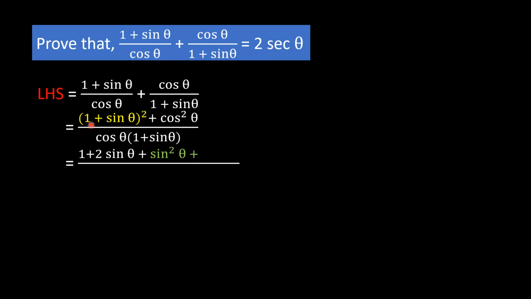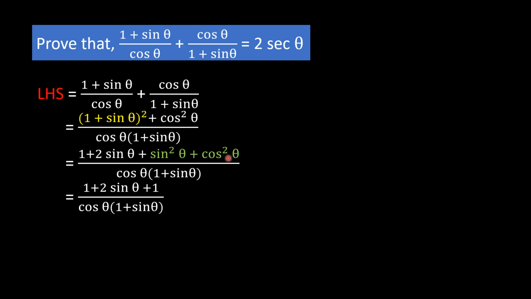We will expand this bracket as 1 plus product of these two and twice of that, which will be 2 sin theta, plus sin square theta plus cos square theta. Now here sin square theta plus cos square theta is 1. This one plus this one will be 2.